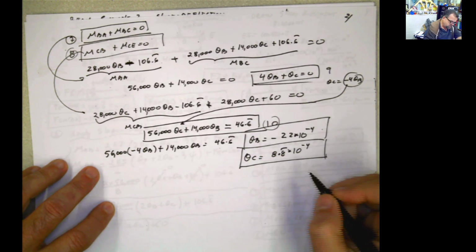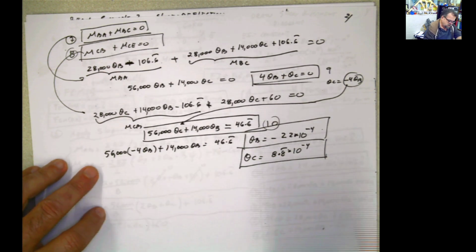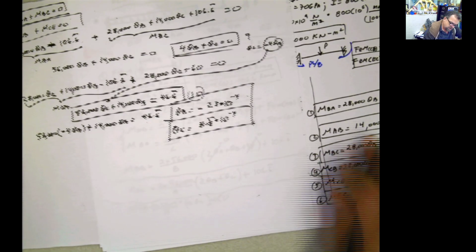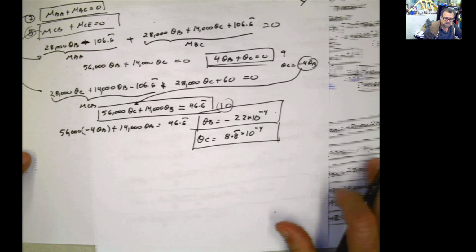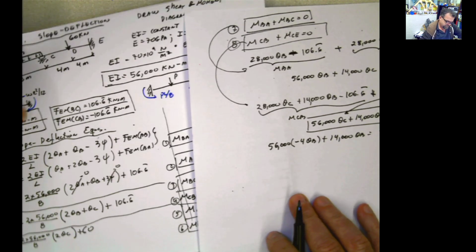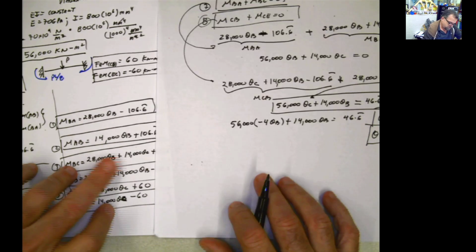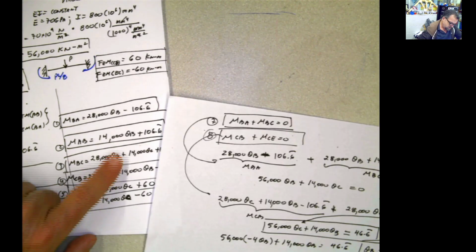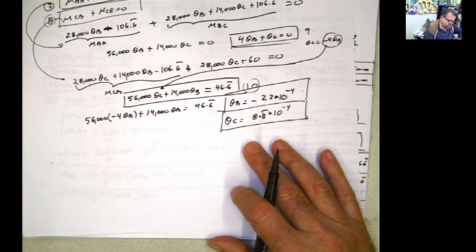So now we have these two. Now we can start calculating moments like crazy. We can come here and start with MAB. MAB is 14,000 times this theta B plus 106.6. So that I have it in detail, but I'm not going to do it.